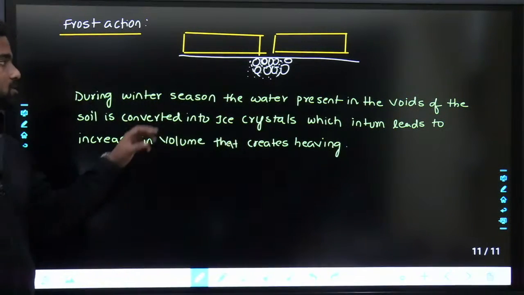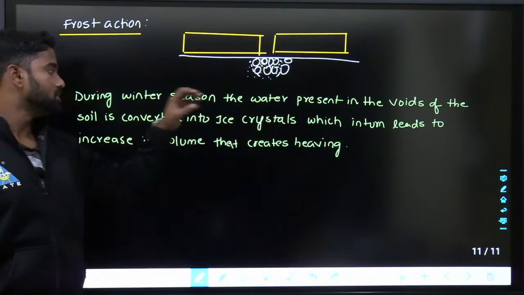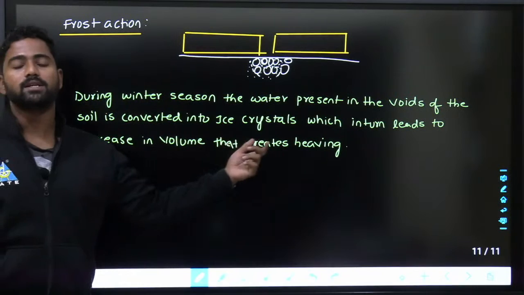So in winter season, the water present in the voids of the soil is converted into ice crystals, which in turn leads to the increase in volume that creates heaving.